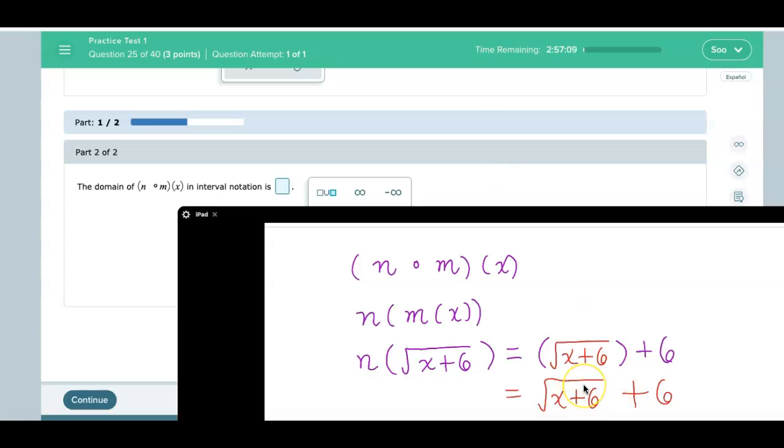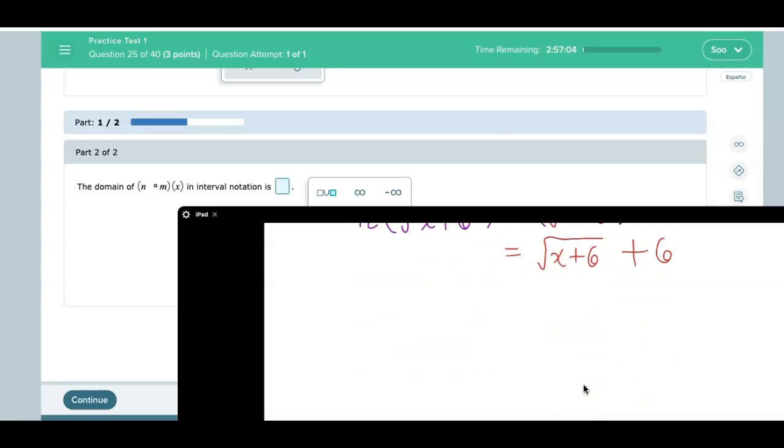If you look at this function that we have, the answer to the previous part, the domain is all real numbers, but x has to be, not x, I'll go ahead and say that the radicand has to be greater than or equal to 0 because we cannot have a negative number under square root. That will be an imaginary number. So we set up x plus 6 has to be greater than or equal to 0. And if you solve this, x has to be greater than or equal to negative 6.